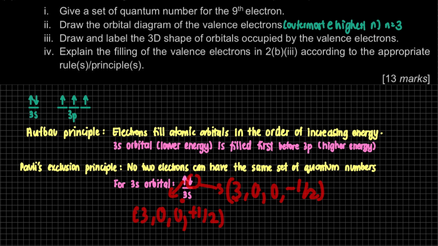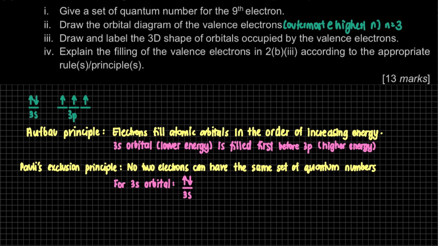Because n equals 3. Why l equals 0? Because it is an s orbital. When l equals 0, m is equal to 0. There's only one possibility. s could only be positive half or negative half. So again, no two electrons can have the same set of quantum numbers. The electrons must be opposite.